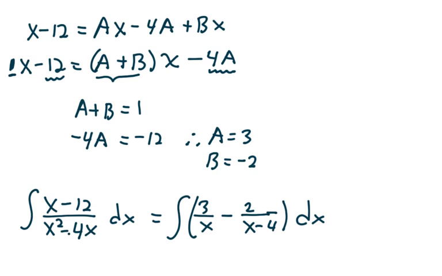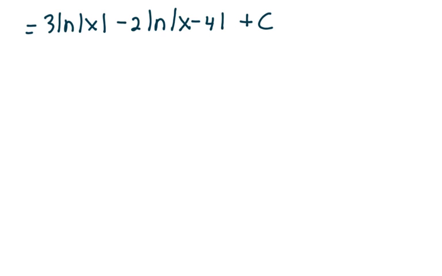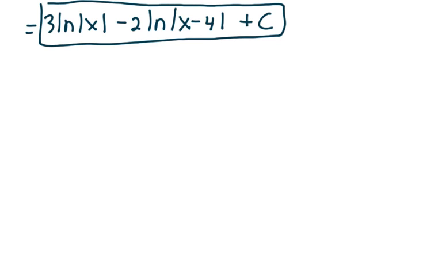And we can integrate that. So this is equal to 3 ln|x| - 2 ln|x - 4| + C. You want to talk to your instructor about how far you want to simplify. But I'm going to leave the answer in this format right here. And that's example 1.